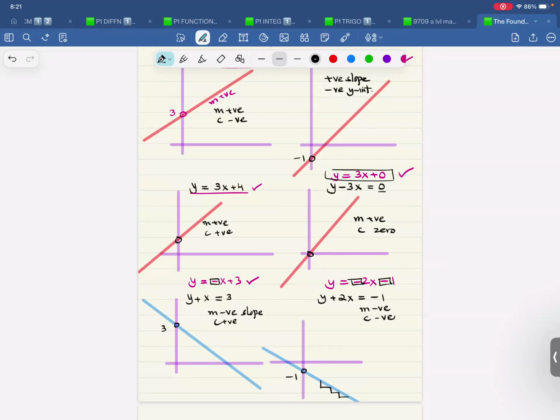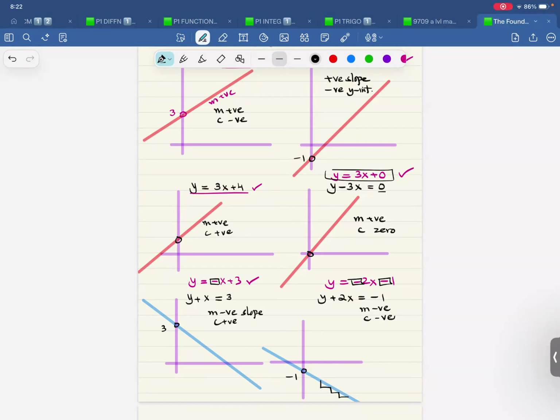Okay, all good, all clear. So these are different things that are used.